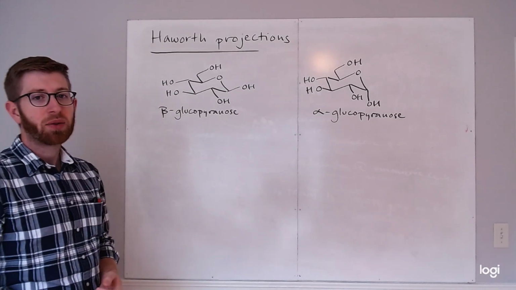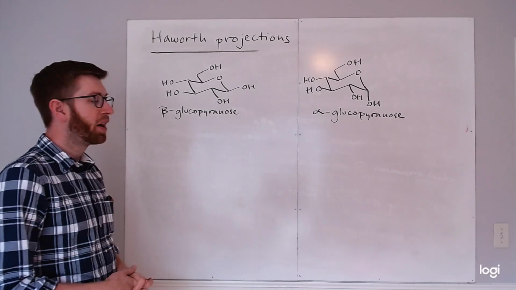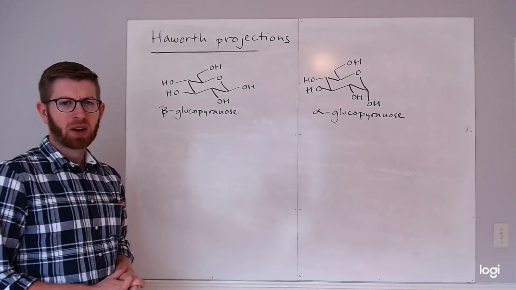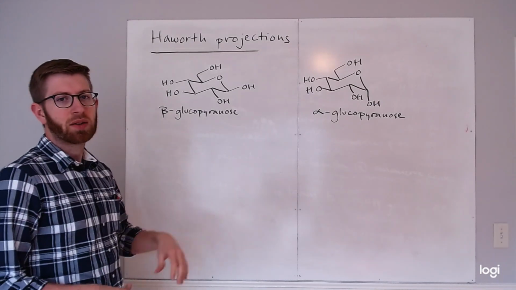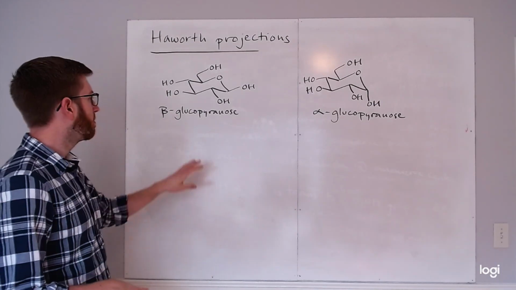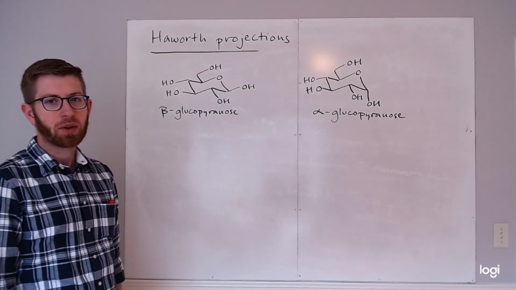To illustrate how these so-called Haworth projections are drawn, by the way, I think it's pronounced Haworth, but I've heard other pronunciations also, we can look at the two pyranoses that we've seen so far, beta glucopyranose and alpha glucopyranose, and we'll convert these into Haworth projections.